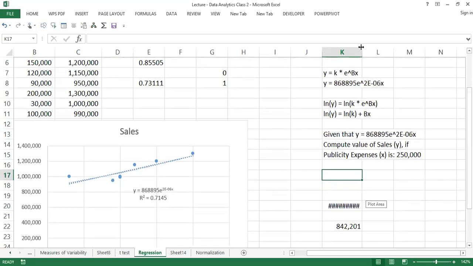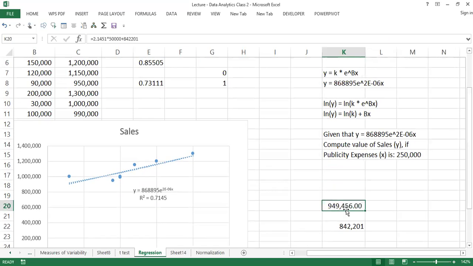So that's the equation there. What is this? Okay, so we know that we are using this equation, right? This one, which is the one stated here.